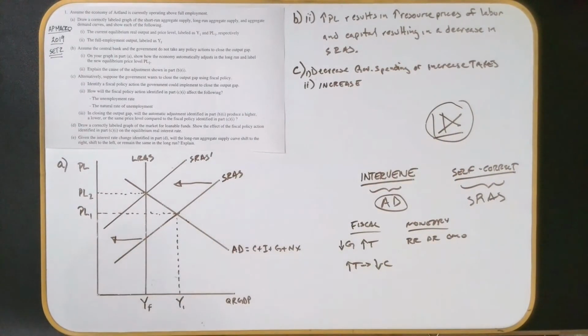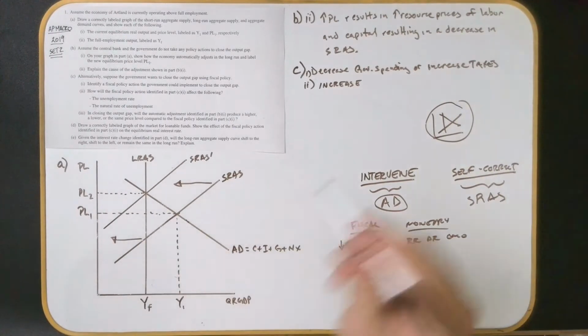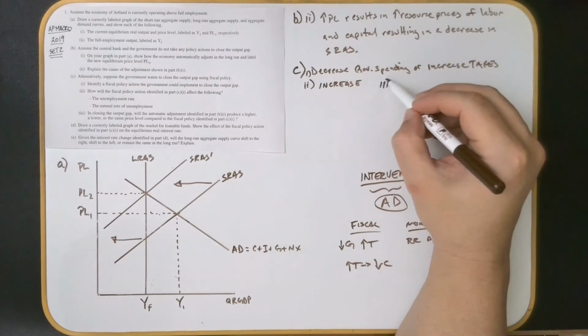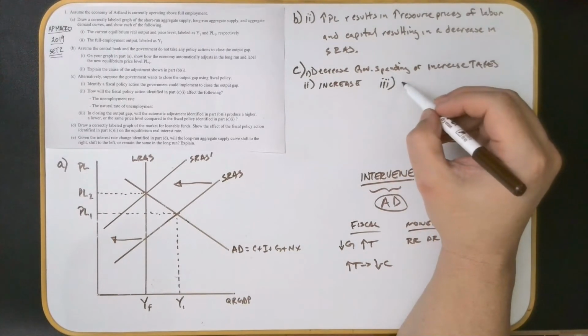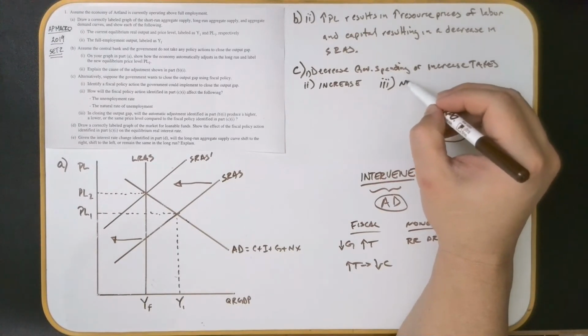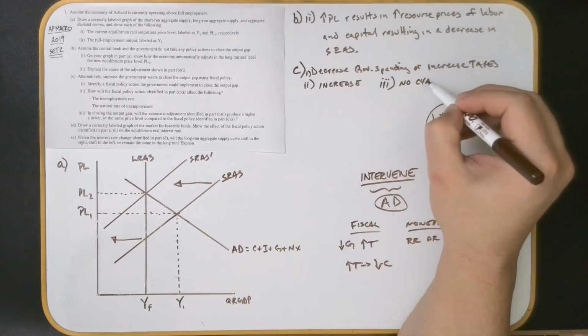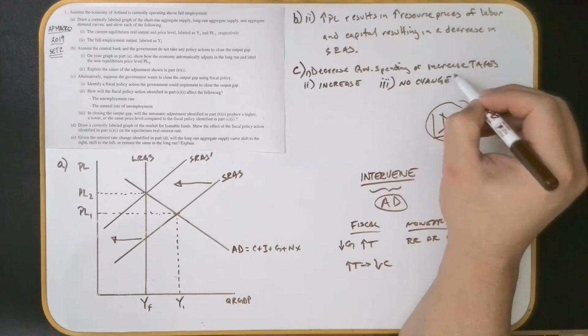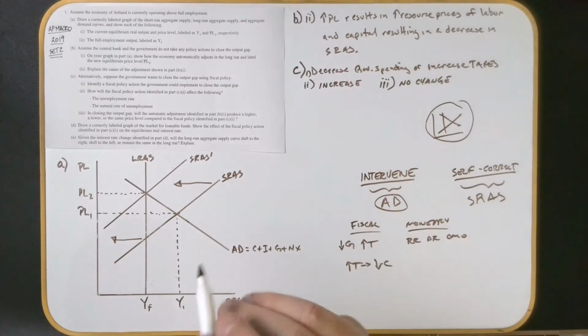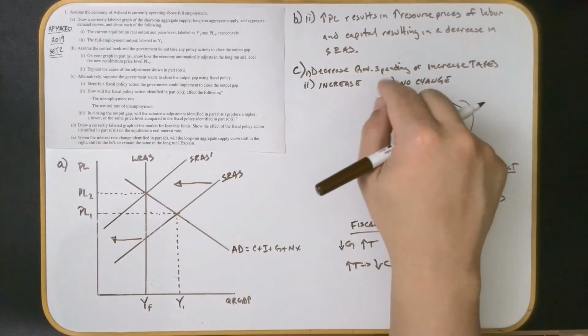And then what happens to the natural rate of unemployment? Well, remember, this is at full employment, and if we were thinking Phillips curve, I'm going to put it here just for the sake of space here. The natural rate of unemployment does not change. So we're just going to say no change. Natural rate of unemployment is going to stay put. Or no, sorry, that was just still part of 2.